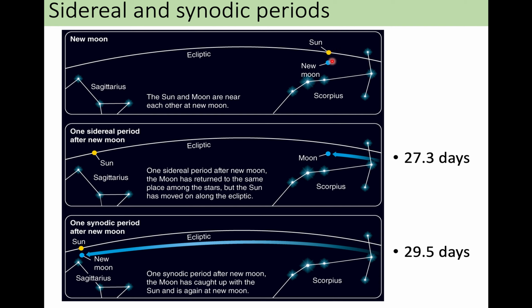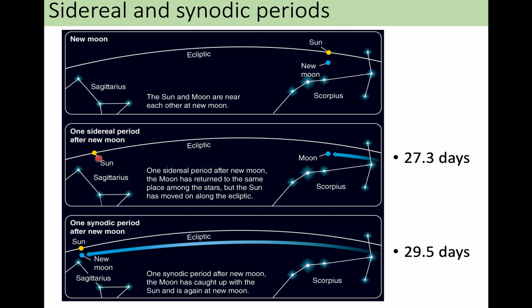So after one sidereal period, our new moon has revolved around Earth, and it is back to its same position. So 27.3 days, and the moon is back to its same position. However, in those 27.3 days, the sun has shifted along the ecliptic, as it does.